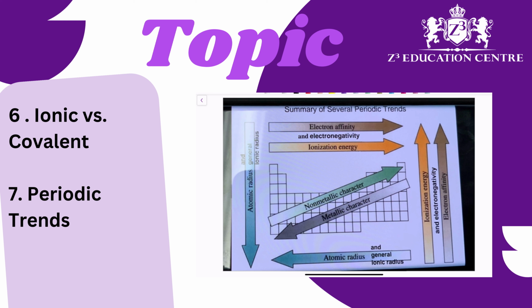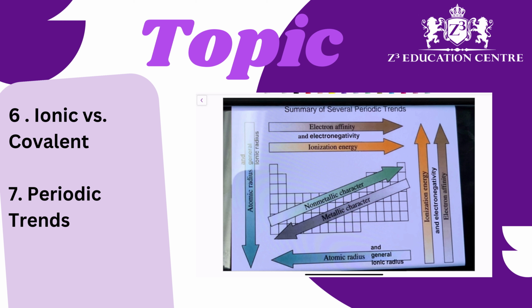So to the left of the group, atomic radius increases. For electron affinity, electronegativity, and ionization energy, as we go across a period, these will increase. As we go down the groups, it'll decrease, or if you want to say, as we go up from the bottom of the group to the top, these will increase.